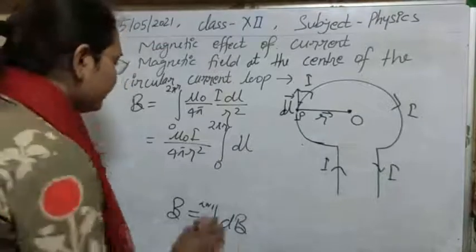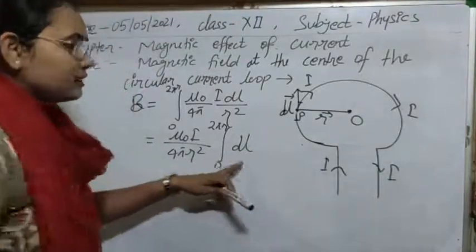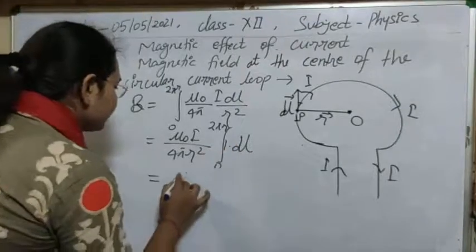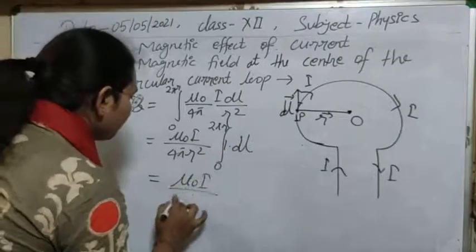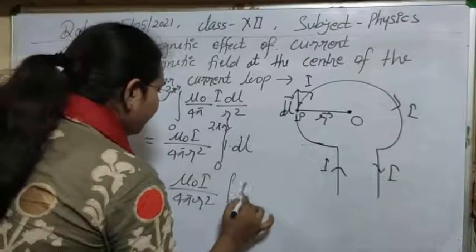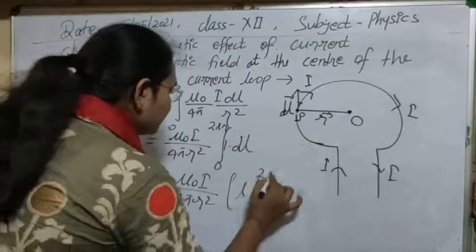If we integrate it, the integration of 1 into dl is L, with limits 0 to 2 pi r.